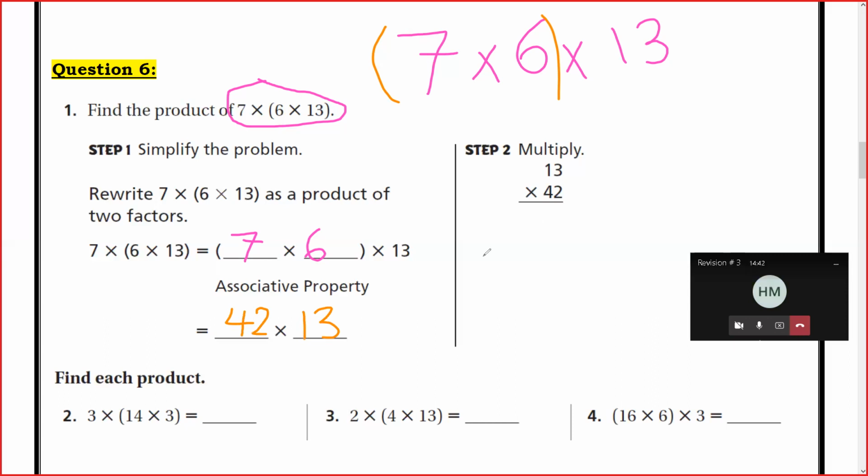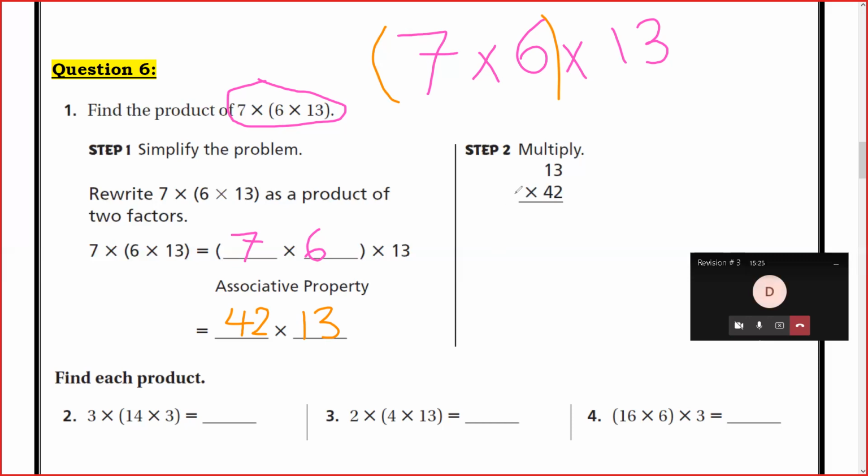I already multiplied. Teacher? Did you finish now?